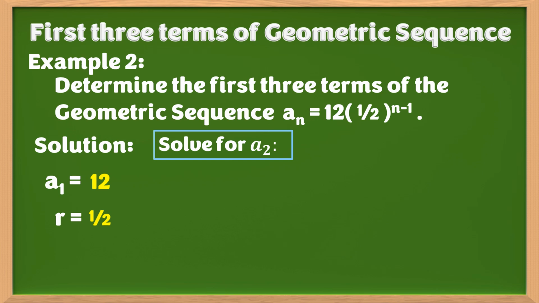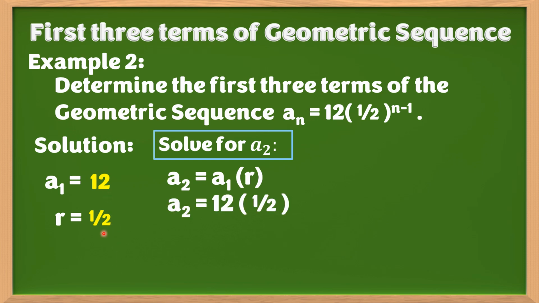So next we're going to solve for the second term, and that is a sub 2. A sub 2 is equal to a sub 1 times R. A sub 1 is 12, and the value of R is 1/2. So we have a sub 2 is equal to 12 times 1/2. So 12 times 1/2, or the half of 12, is 6. So a sub 2 now is equal to 6.